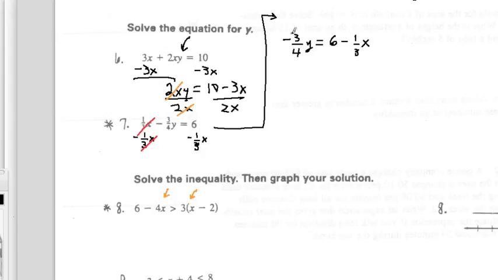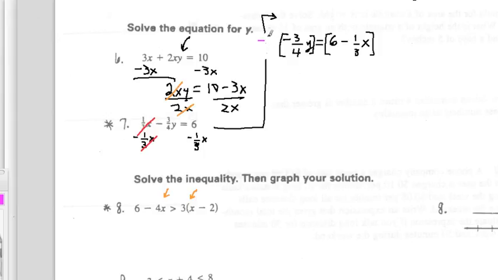Now remember this is negative 3/4 times y, and the reciprocal of negative 3/4 is negative 4/3. So let me write that in purple.